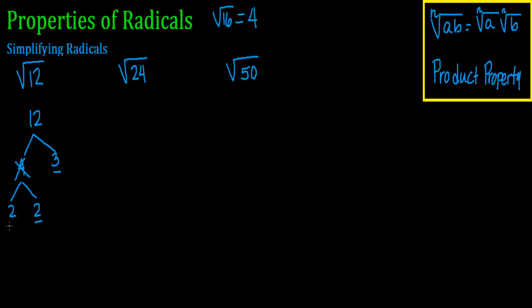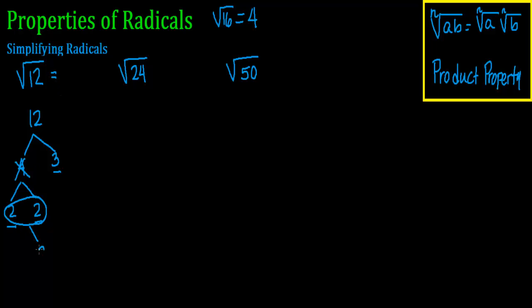Okay? So now here's my next step. Any pair of numbers that I get when I'm done doing prime factorization, every pair of numbers, that means one of those factors comes out of the radical. So I have a pair of 2's.